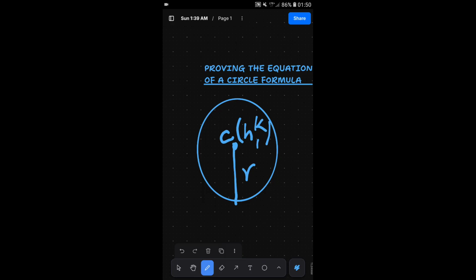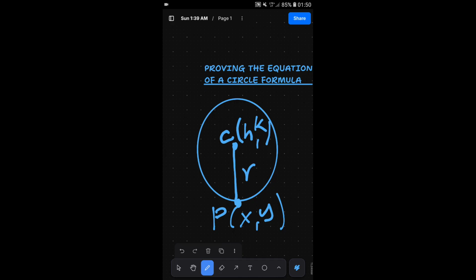And let's assume that P is an arbitrary point on the circumference of the circle. So this is point P. So here's a circle with center (h, k) and with radius r, which is connected to the point P, which is on the circumference of the circle.